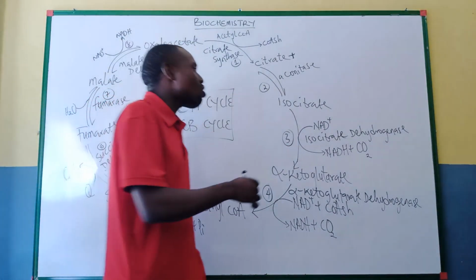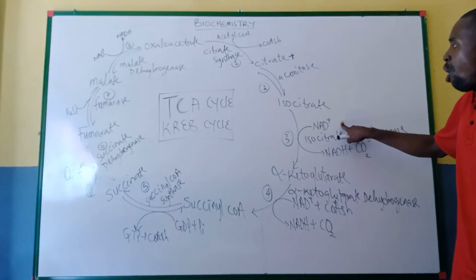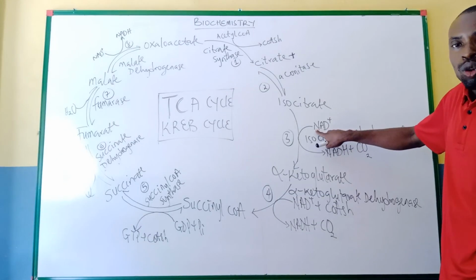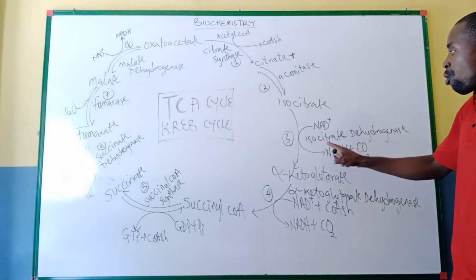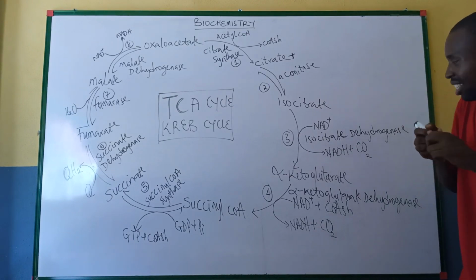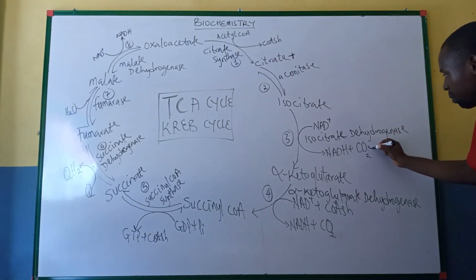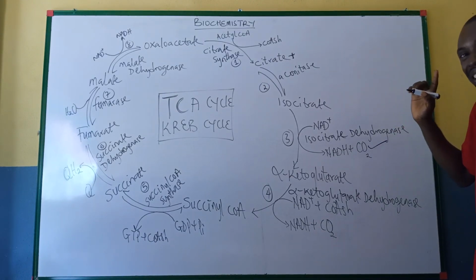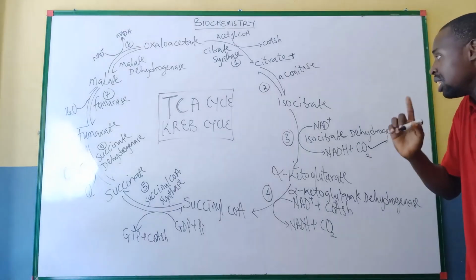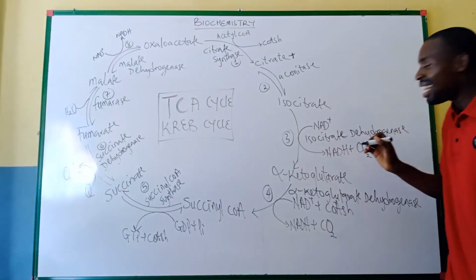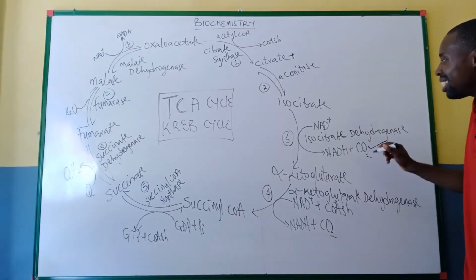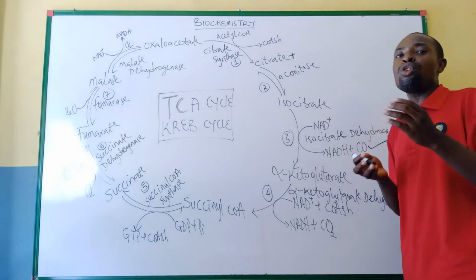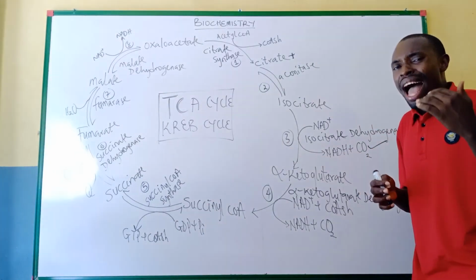Isocitrate, in the presence of the oxidized form of nicotinamide adenine dinucleotide, will release the reduced form, and the first CO2 is released. This step is catalyzed by an enzyme called isocitrate dehydrogenase.